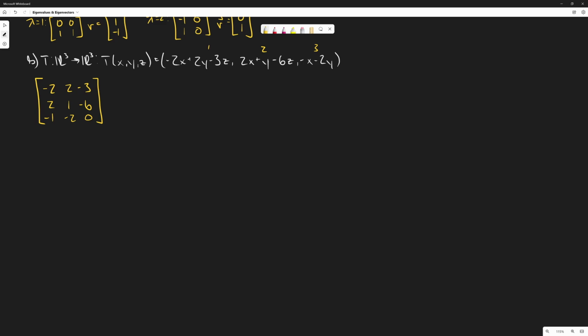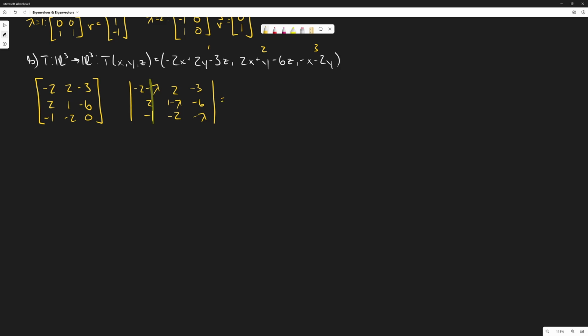Again, we have to find the characteristic equation. So we have negative 2 minus lambda, 2, negative 1, 2, 1 minus lambda, negative 2, negative 3, negative 6, and negative lambda. Unfortunately, there isn't an easy way to do this, so we have to do it the long way.